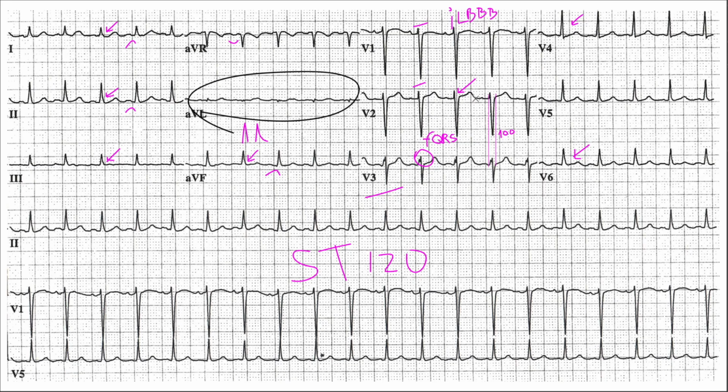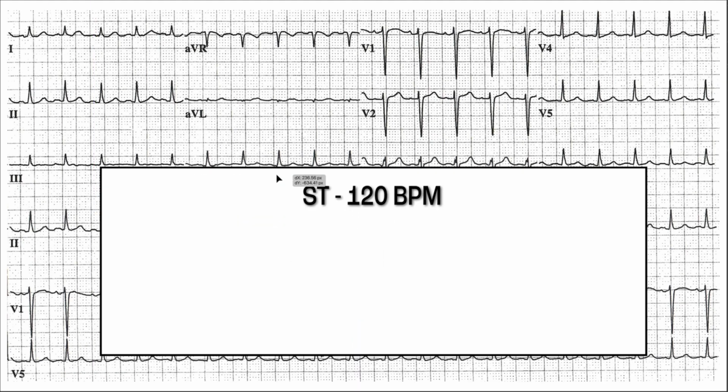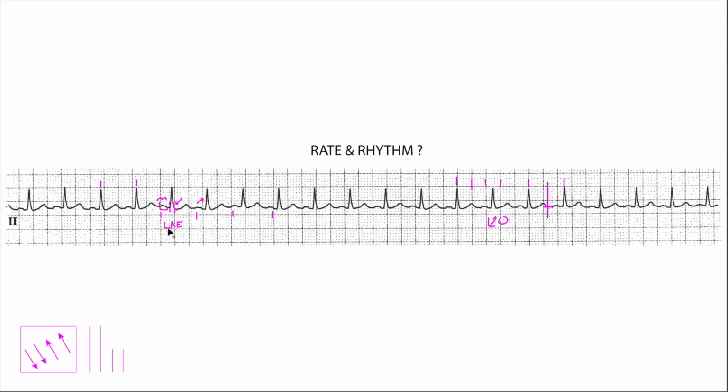So far, when we add all of this up, all of the information we've gathered here, I'm sorry, I'm going to get rid of this. If you're handing this off to somebody, this is what I would do. I would say that we have sinus tachycardia at 120 beats per minute. We have an incomplete left bundle branch block. Remember, we talked about left atrial enlargement, right?